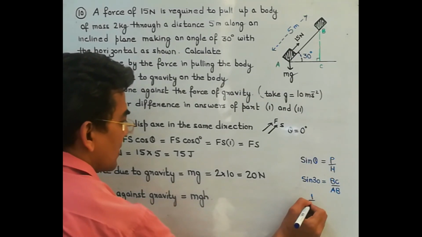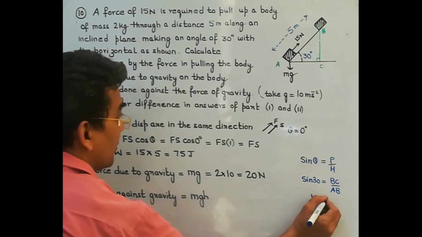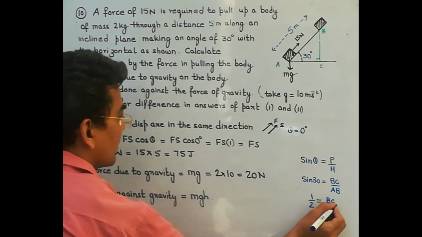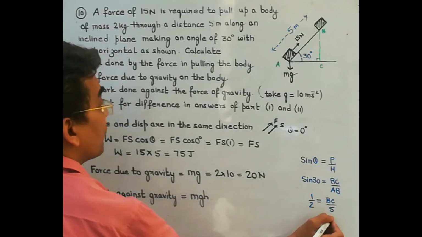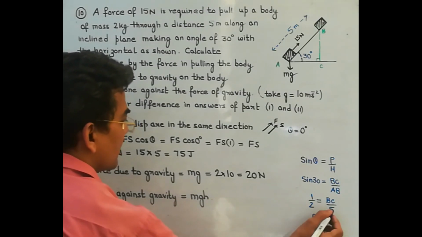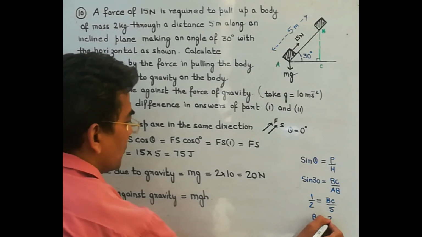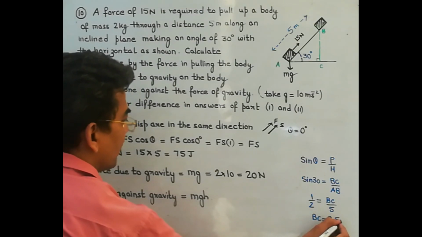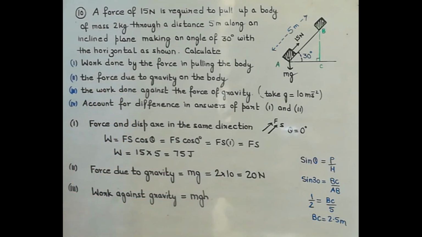Sine 30 is half, BC we have to calculate, and AB is 5. So on cross multiplication, BC is 5 by 2, that is 2.5 meters. So we have got the vertical height using the trigonometry over here. We use the relation sine theta and we got BC is equal to 2.5.